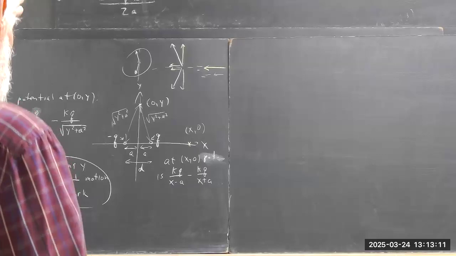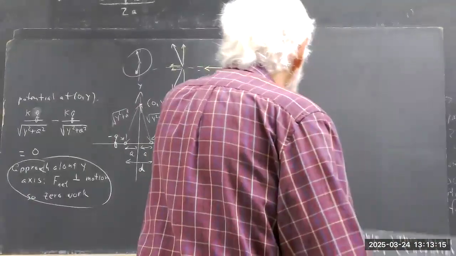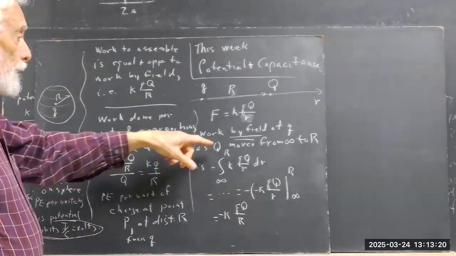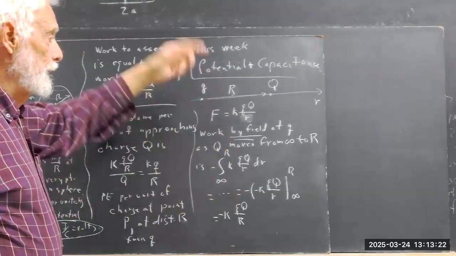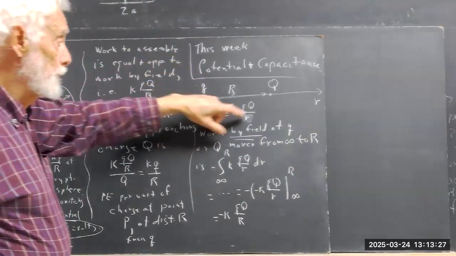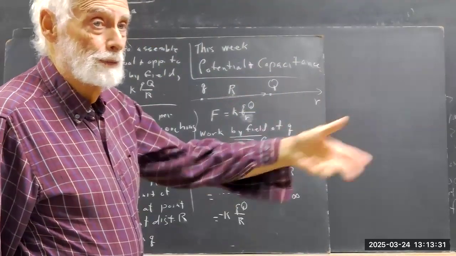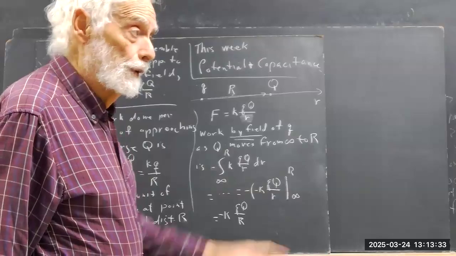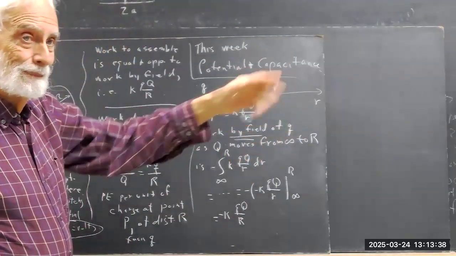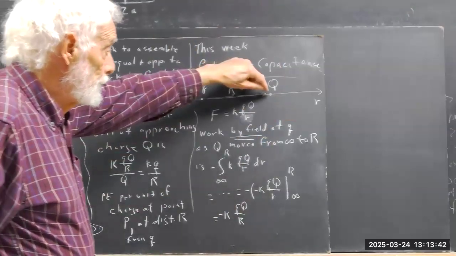Okay, remember what potential is. Again, we talk about the work done by the field to get from infinity. This charge is here, and this charge is going to move in from infinity, or from some large distance where it experiences a negligible force over any distance.